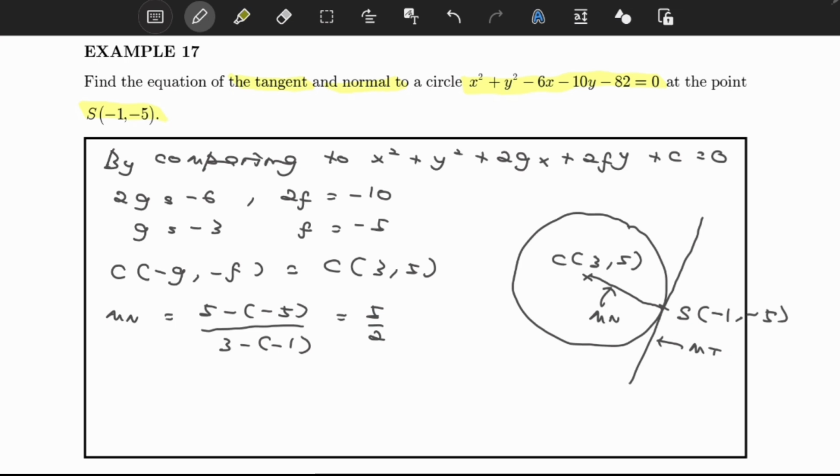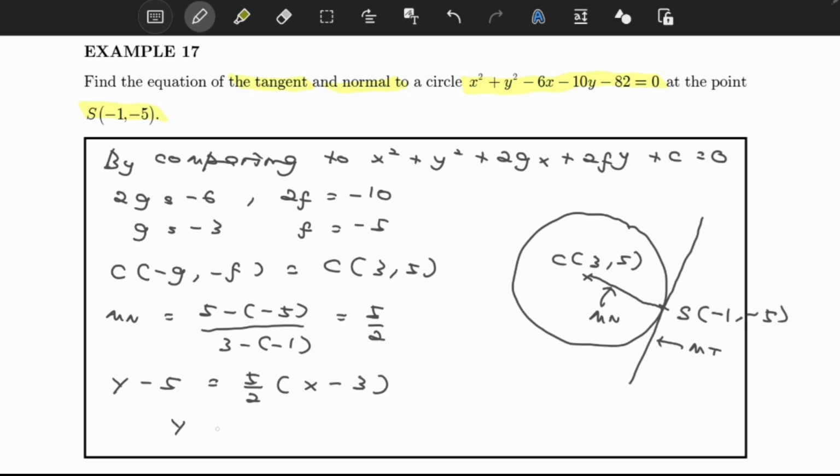And then there are 2 points there, the center and the point S. We can use either of them to find the equation of normal. So I choose the center. So y minus y1, which is 5, equals mn, 5 over 2, times (x minus 3).